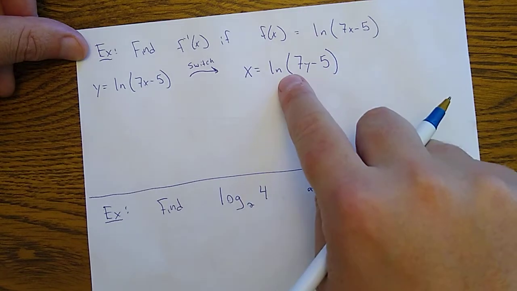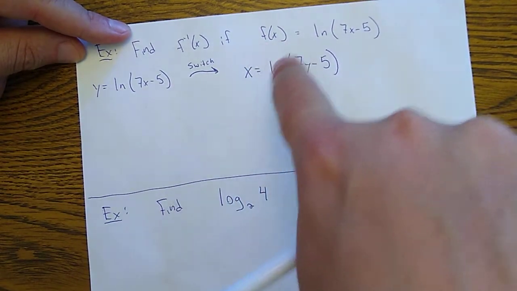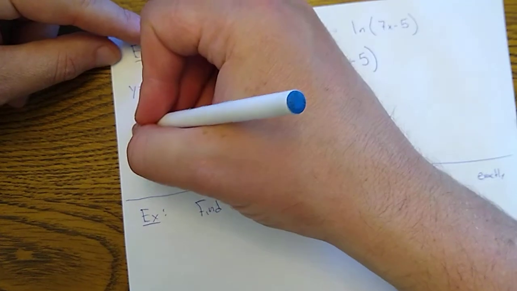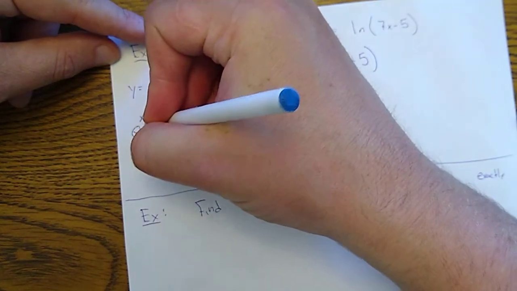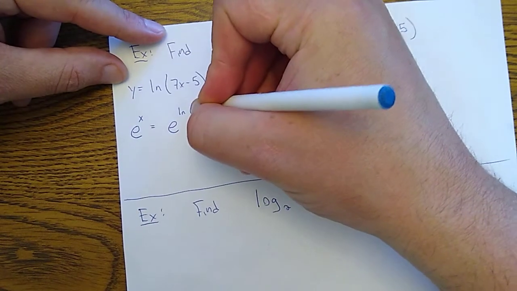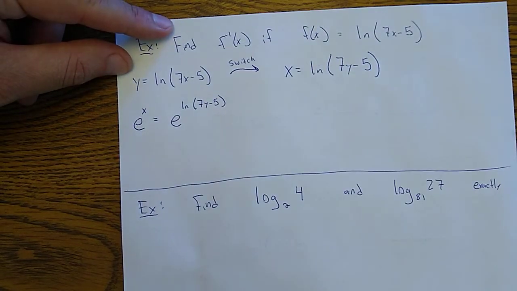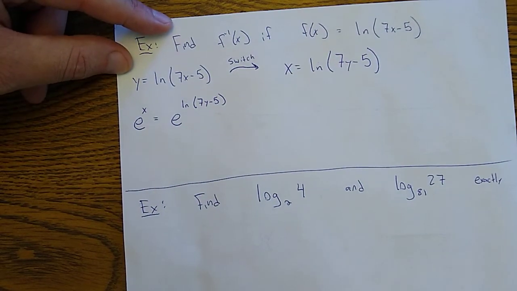What I do to do that is I'm going to do e to this power and e to this power. Because what happens when I do that, I'm just going to flip the page.